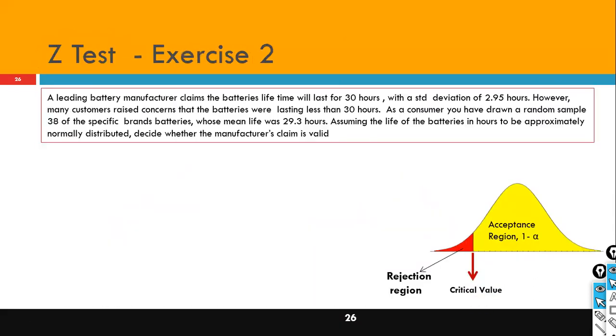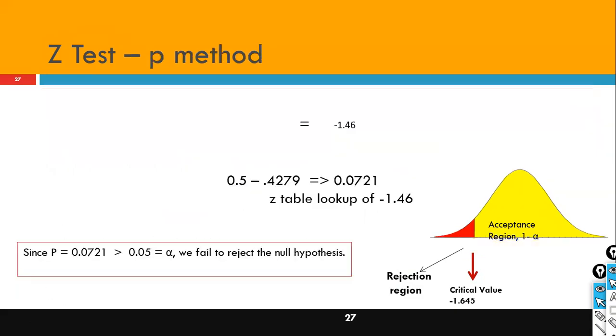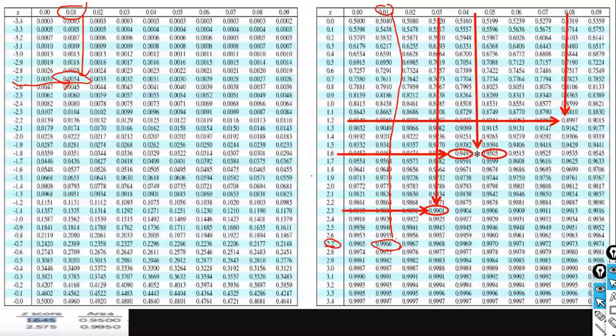Okay, let me just go to the Z table. We have something called the Z distribution table. Look at 1.6 here. The total area under the curve is 1, right? And the alpha value I'm going to consider is 0.05. 1 minus 0.05 is 0.95.